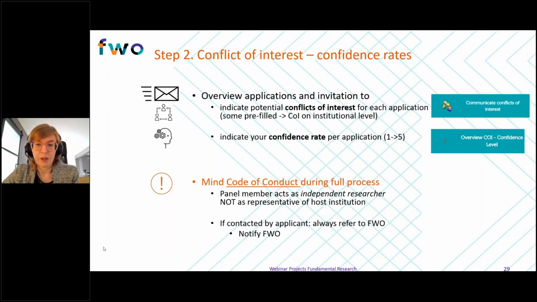Any information about the evaluation procedure can only come from the FWO, and also notify the FWO that you have been contacted by a researcher. It's important never to disclose any confidential information or any information at all about the evaluation procedure directly to a researcher who asks for it.